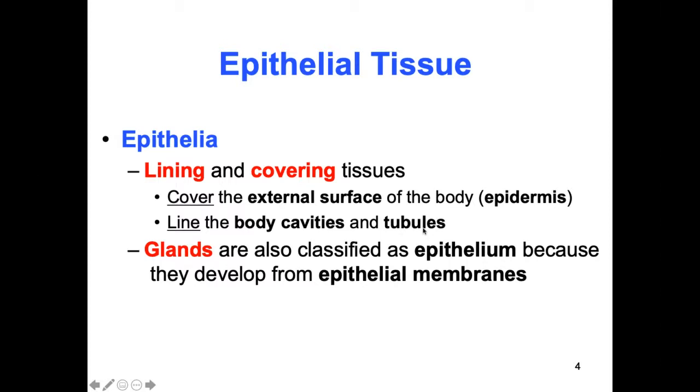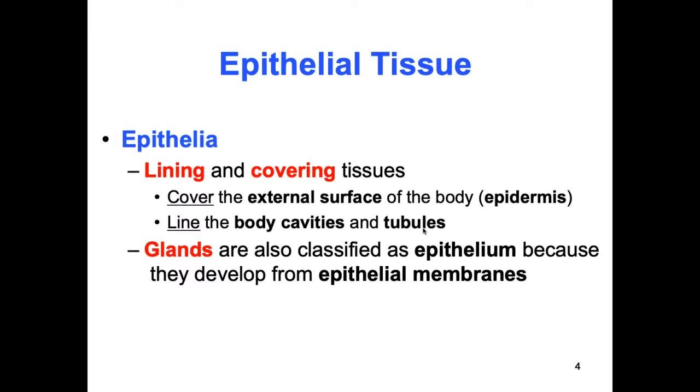It's also lining tubules. Well, what word do we see here in tubules? We see tubes. So the body is a tube within a tube, meaning there are a bunch of tubular structures inside the body, whether we call it the digestive system. It's a tube. We've got the esophagus, the stomach, small and large intestine, just a bunch of tubes.